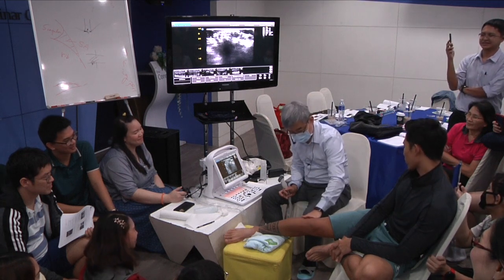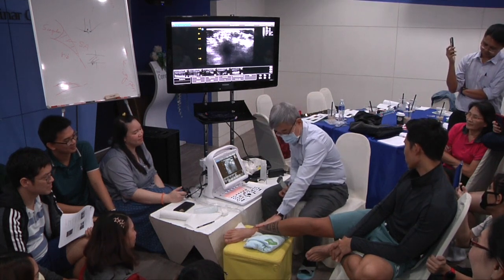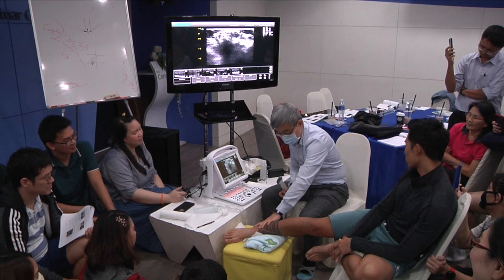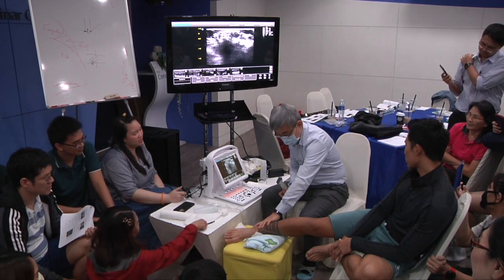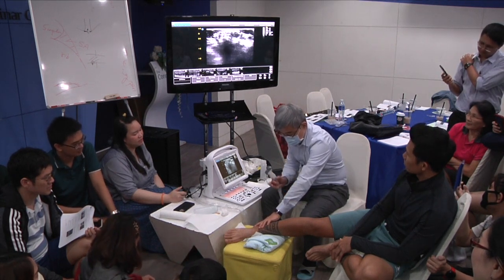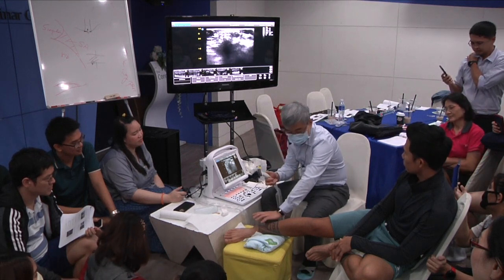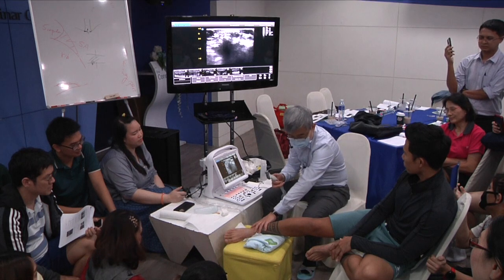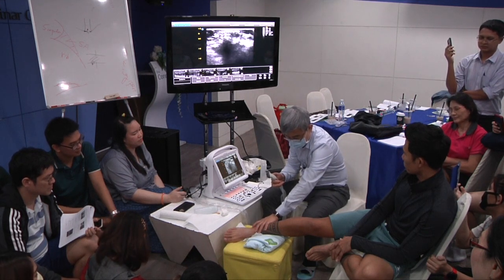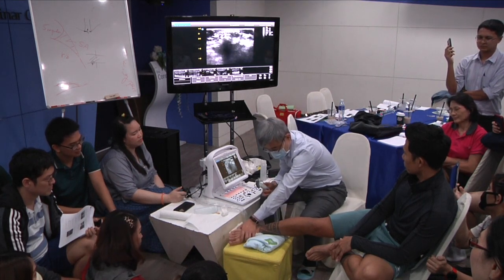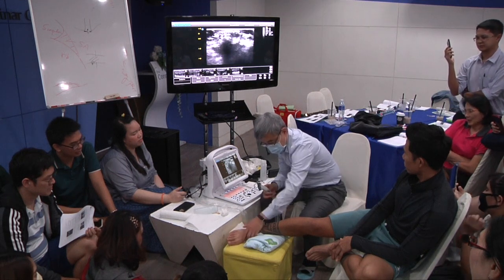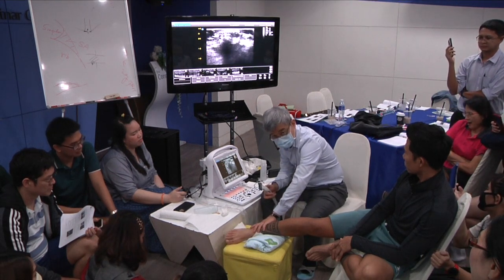Palpate the fibula head along to the lateral malleolus. Okay, it's slightly plantarflexion, slightly inversion, right?